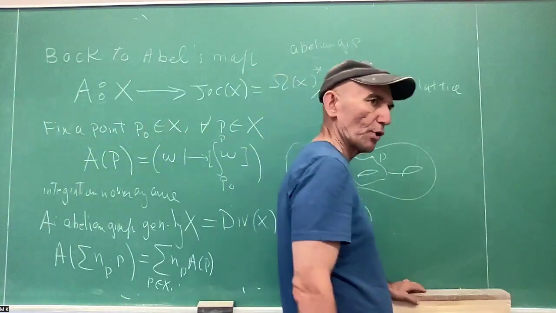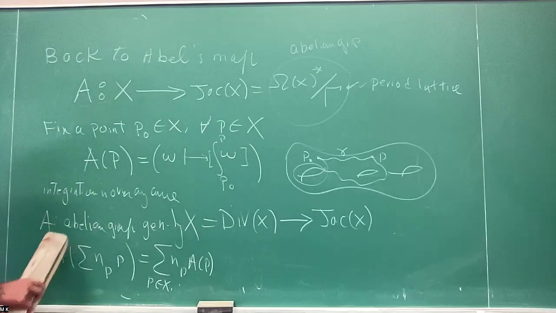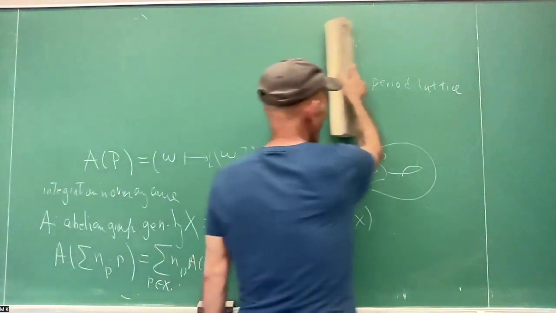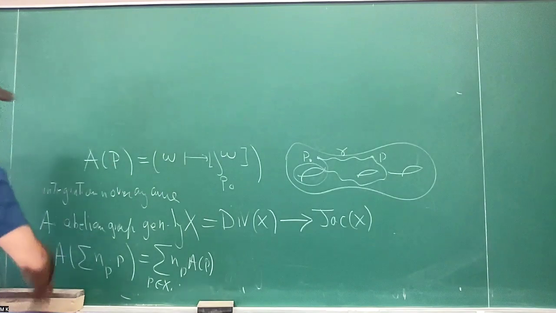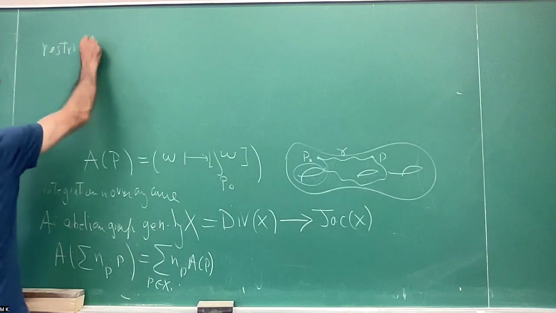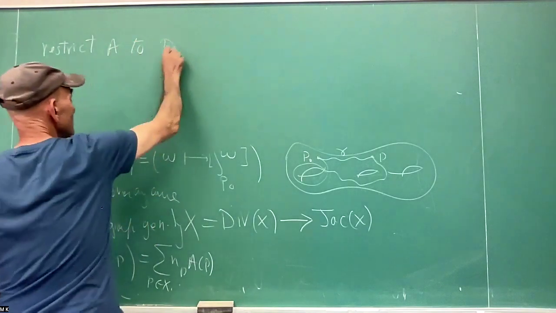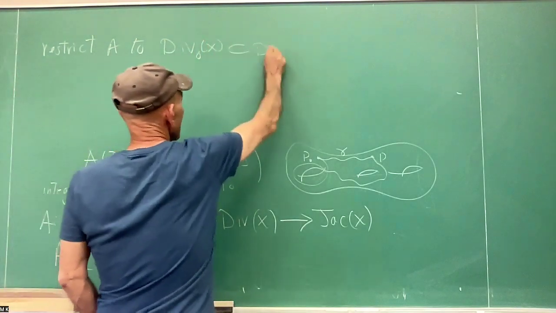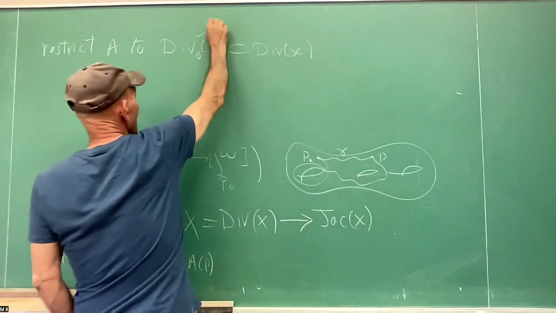So I promised to prove Abel's theorem, which is a famous and very important theorem in this regard. It is the following. Let us now restrict A to Div^0 of X, the degree 0 divisors.